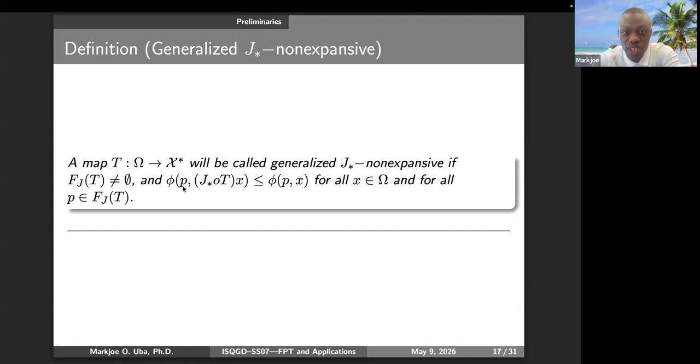For the J non-expansive, the second input is p. So if you flip the order, then for generalized J star non-expansive we have this, and for the J non-expansive we have the other version. Just if you switch it, you get one of them.